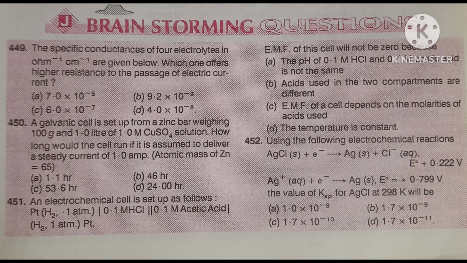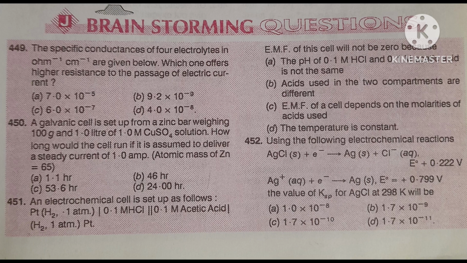Again, one more time, reading the question. The specific conductance of 4 electrolytes in per ohm per centimeter are given below. Which one offers higher resistance to the passage of electric current?